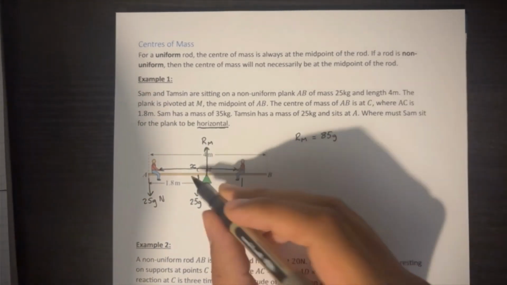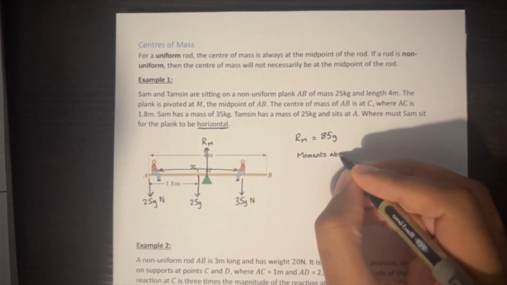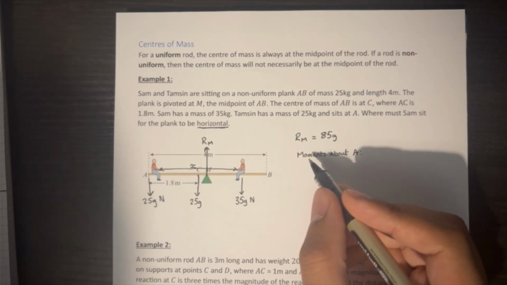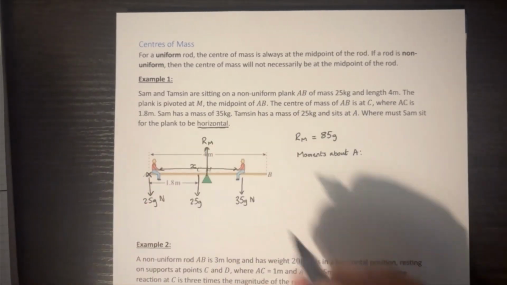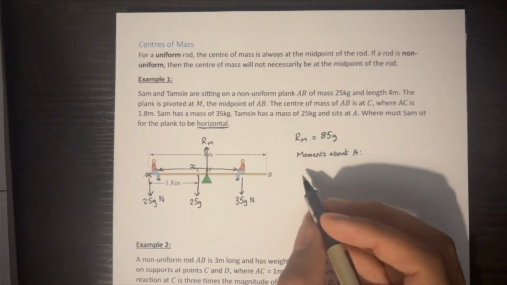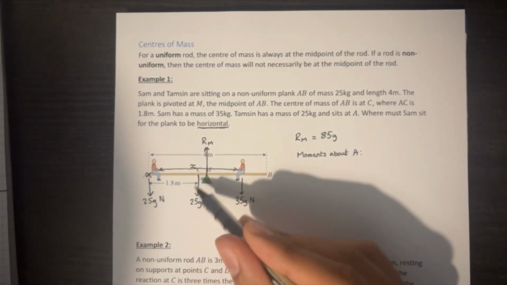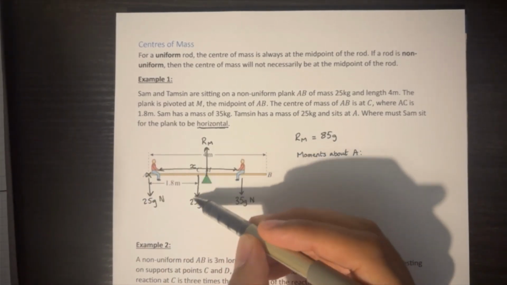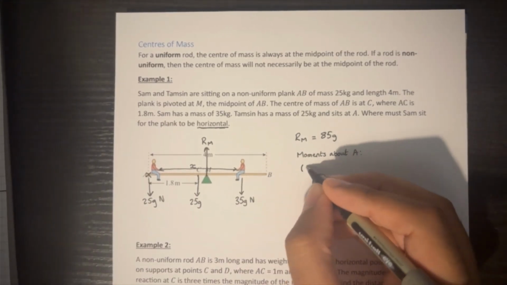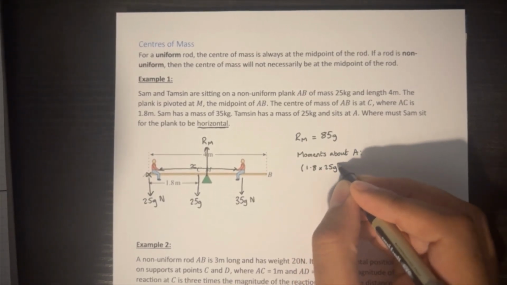If I take moments about A, it's always useful to specify the point that we're taking moments about, either on your diagram, often by putting a cross there, or just writing it there is fine. Our moments about A in the clockwise direction: we've got 1.8 times 25g.